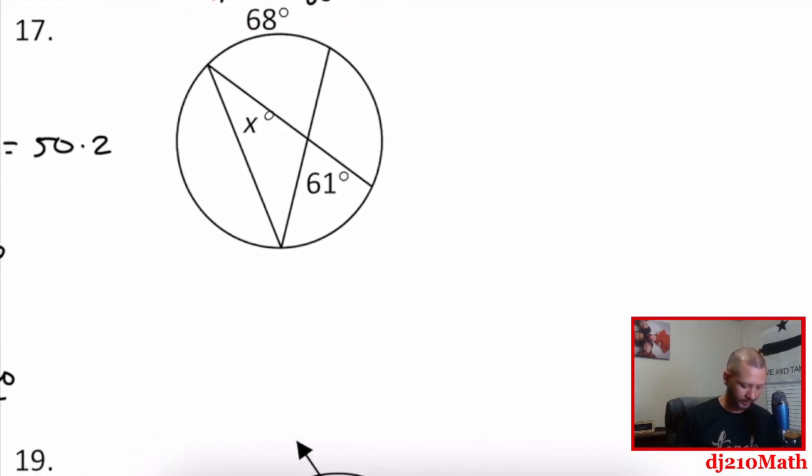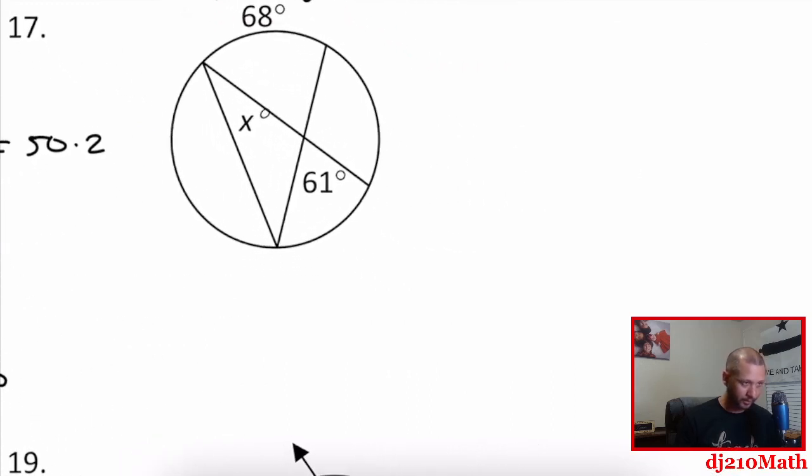All right, 17. We're looking for X. X is going to be this right here. I'm assuming it's a degree. Okay, so let's see. The idea is that if I can figure out what some of these angles are.